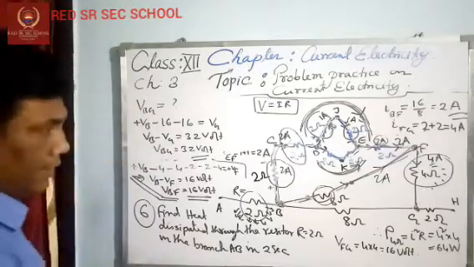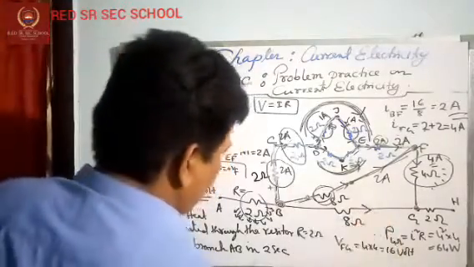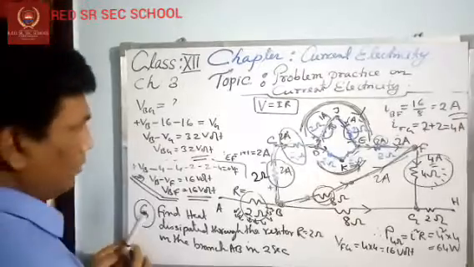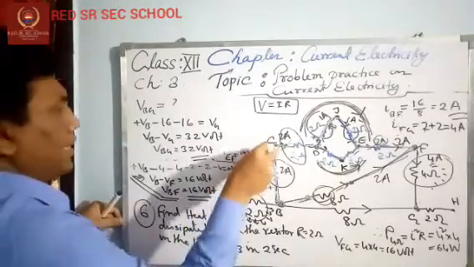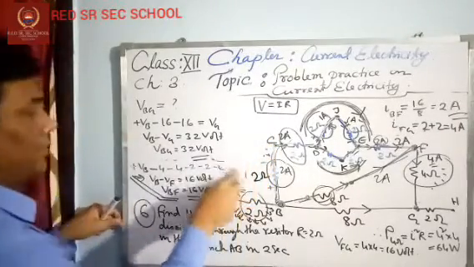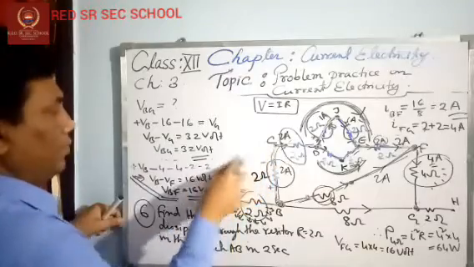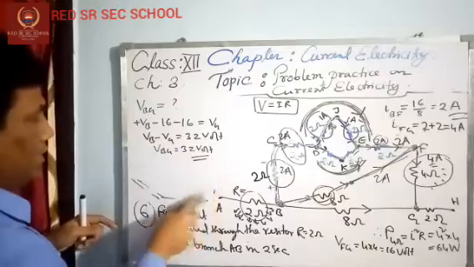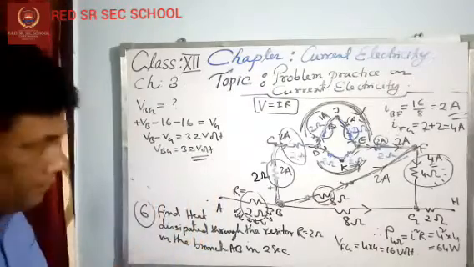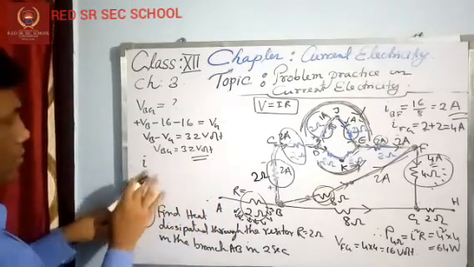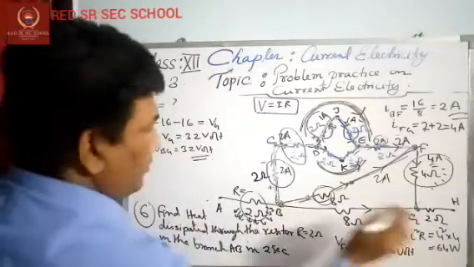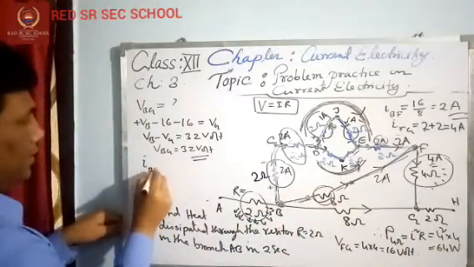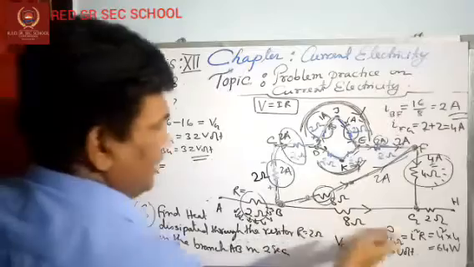Then you can calculate the current through this 8 ohm. What is the current through the 8 ohm, you can calculate also. Okay, you have to go very slowly. No problem. What is the current through the 8 ohm? Means current through B to Z, direct BZ.